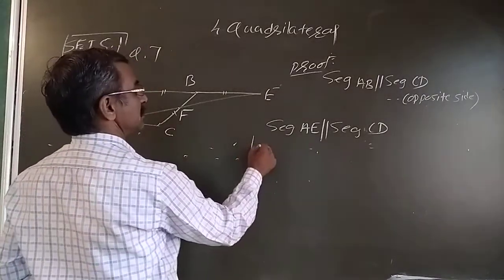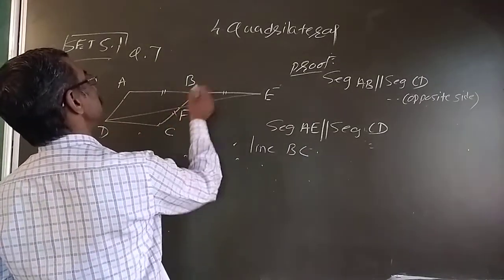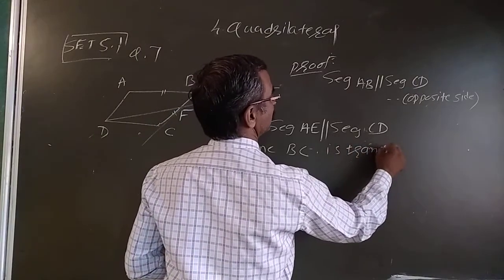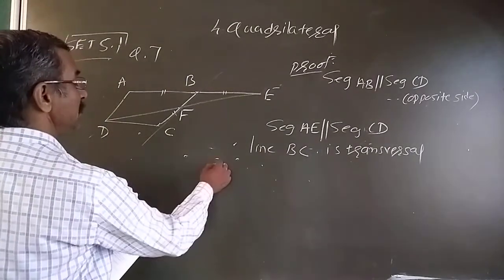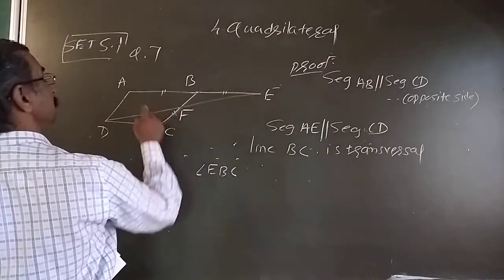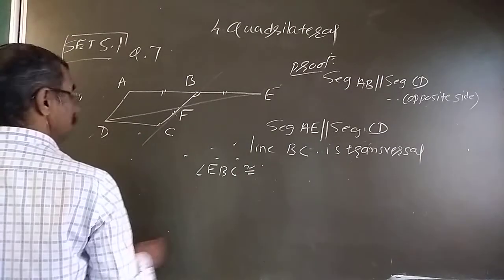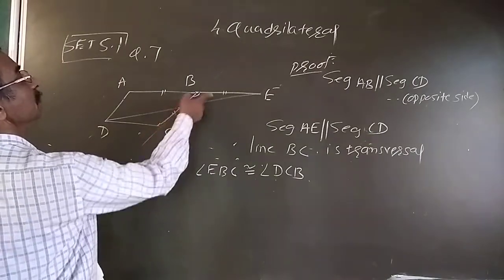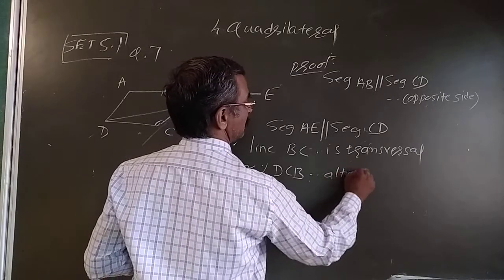Then line BC, where is that? This line. The line BC is a transversal of two parallel lines. Then angle EBC, this angle, is congruent with angle DCB, because these are the two alternate angles of the parallel lines.